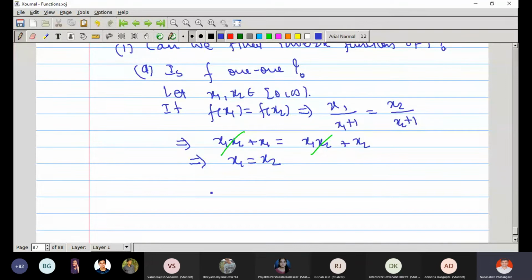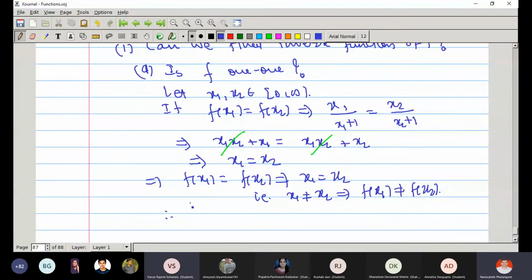Therefore f of x1 equals f of x2 implies x1 equals x2. That is what we wanted to prove, and therefore f is one-one.